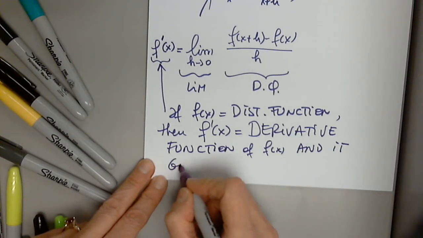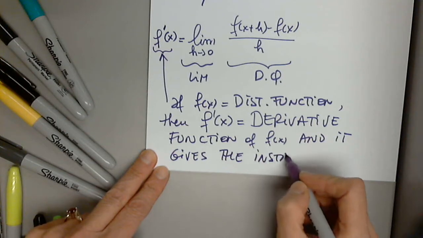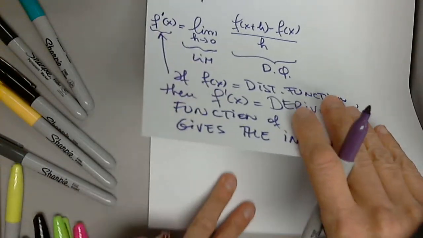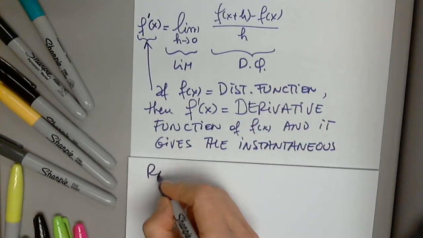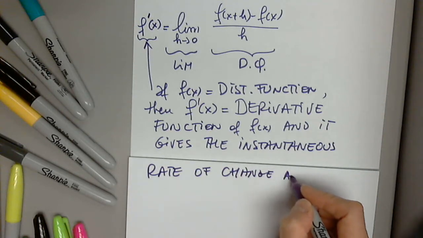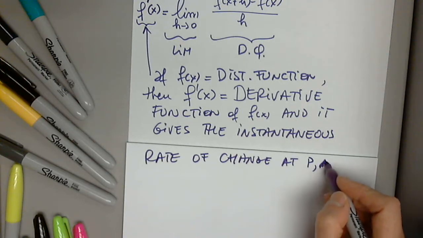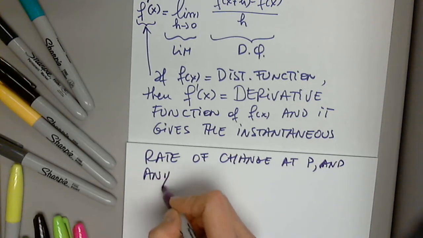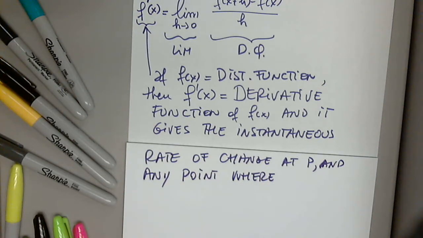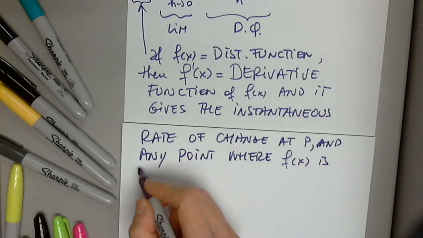and it gives the instantaneous rate of change at p, and any point where, and I need to explain this, f of x is differentiable.